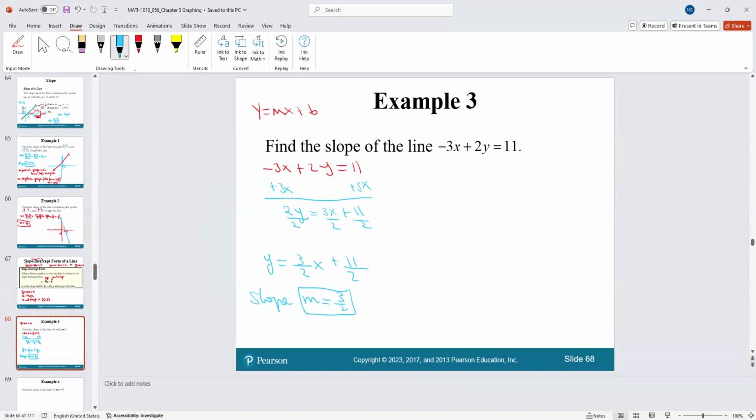What would be the y-intercept? They don't ask us for it, but you should see it. x is always 0 at the y-intercept, and yes, 11 over 2 is the y-intercept.